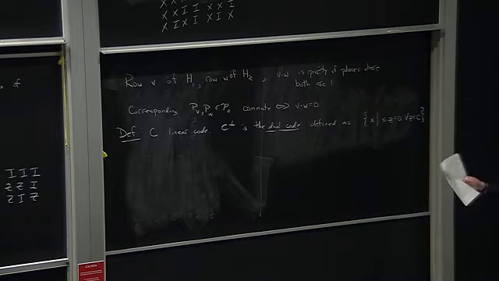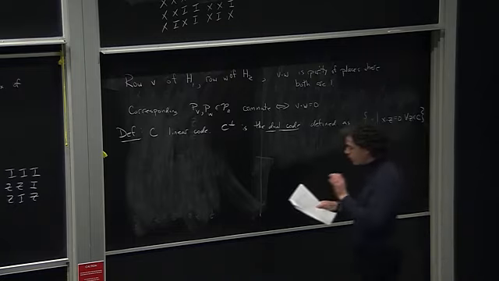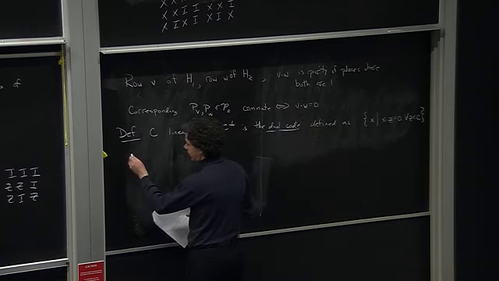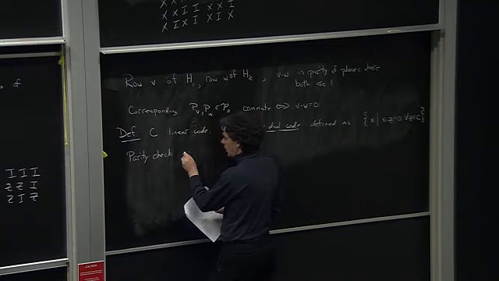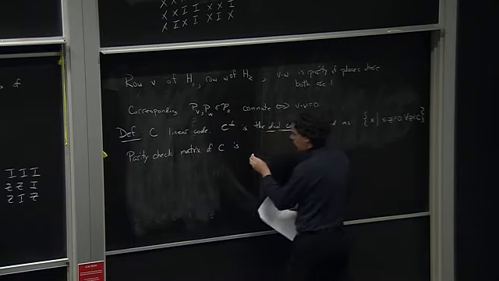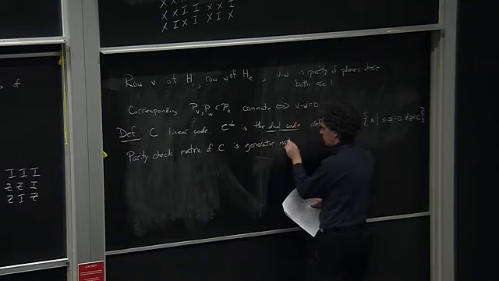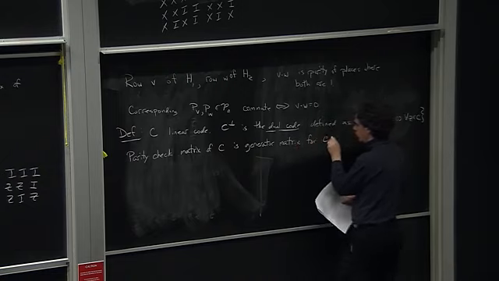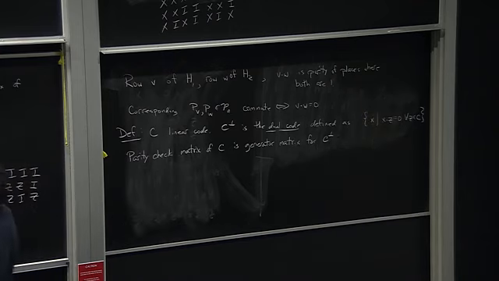Okay? So what we're saying is that, and so the other fact is that the parity check matrix of C is a generator matrix for the dual code. Okay, and you can get that by this definition of the parity check matrix, right?